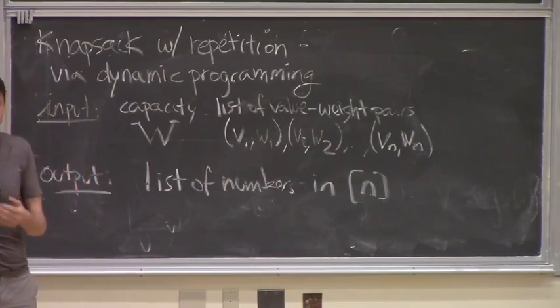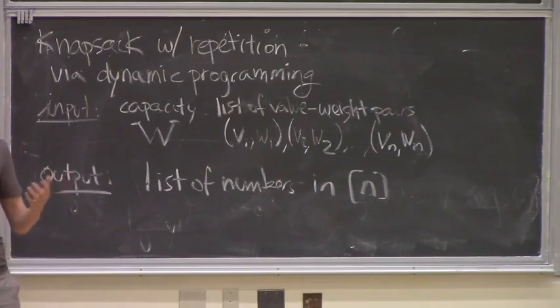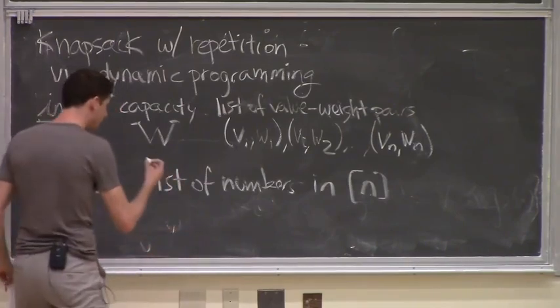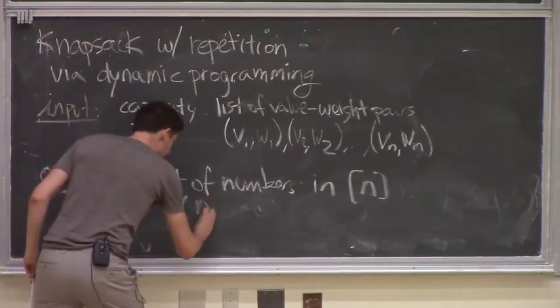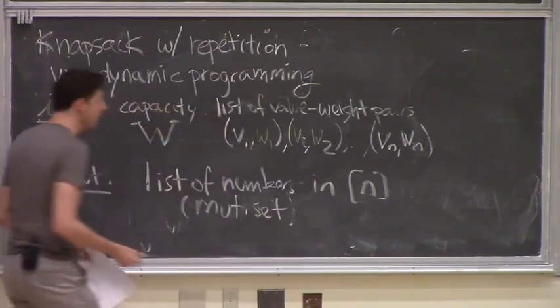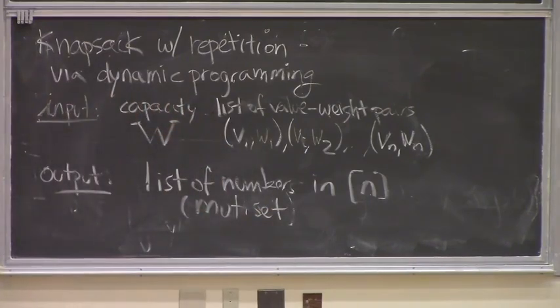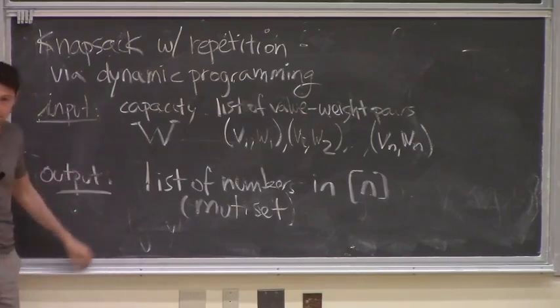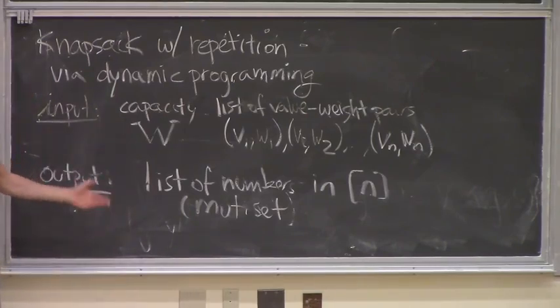AA is a different multi-set. So you can think of multi-sets as just histograms: how many things of each item, with no particular attention to order. So one way to write it is that we want to output a multi-set inside the set 1 through n.